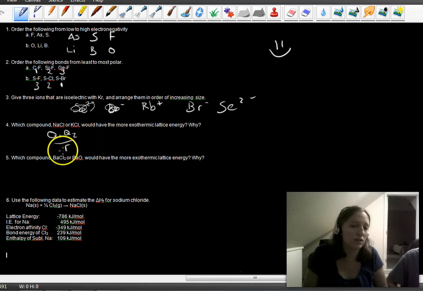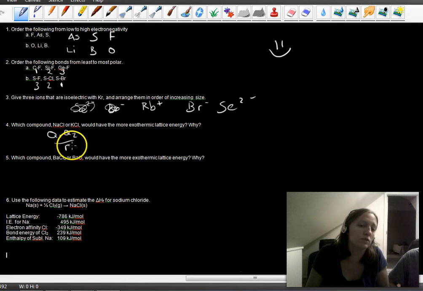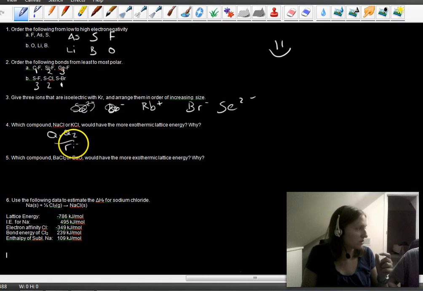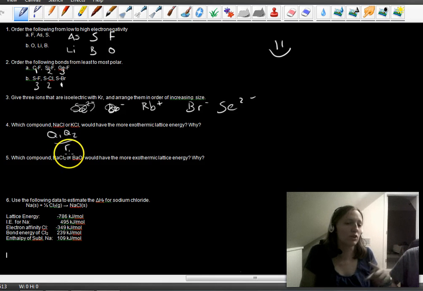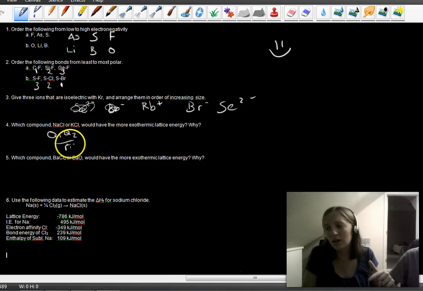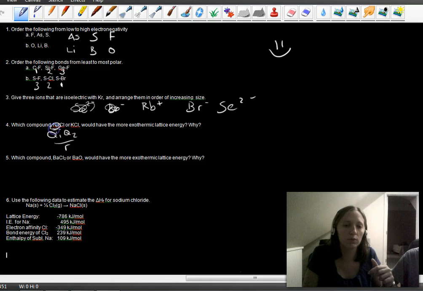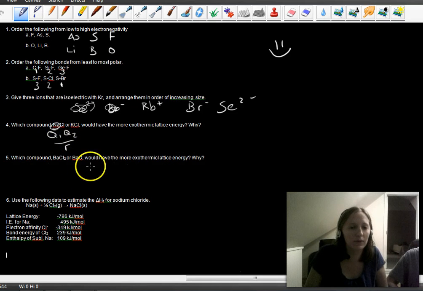The difference would be in the radius, and so the question becomes between sodium and potassium, which one is bigger? Because if it's bigger, then it can't get as close, and so your radius is bigger, and so you have a smaller lattice energy. So the bigger lattice energy is going to be the small dude. The small dude is sodium. Bam.